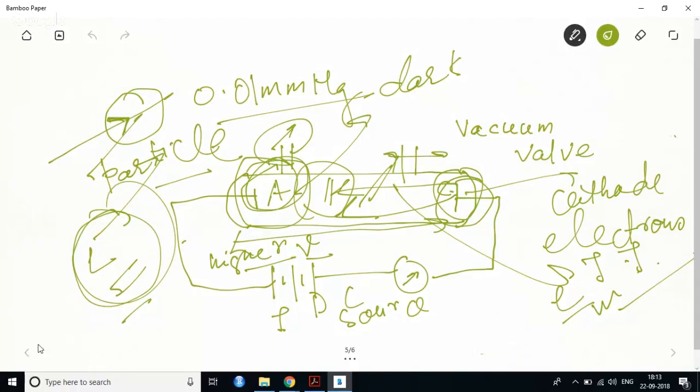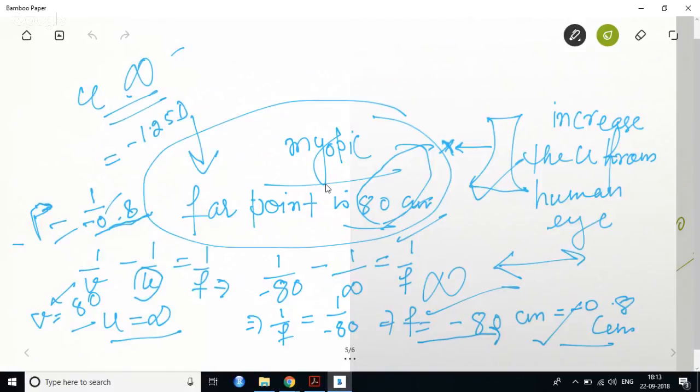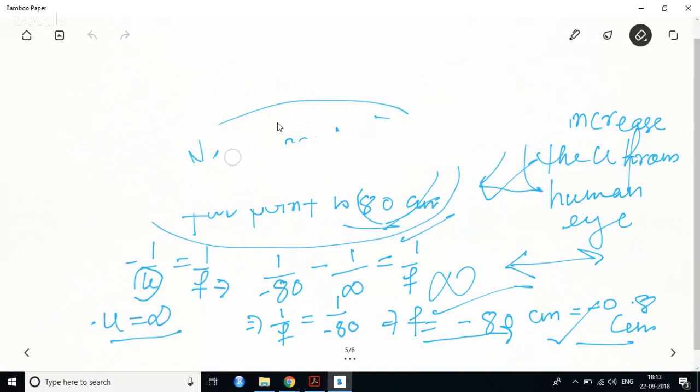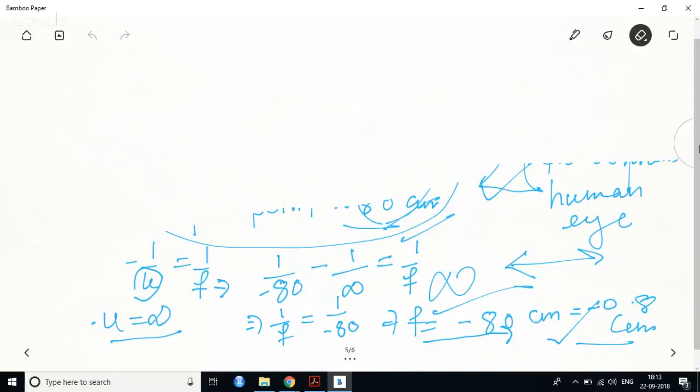I'll start X-rays for you. X-ray is a usage of cathode rays. There was a scientist called Roentgen.